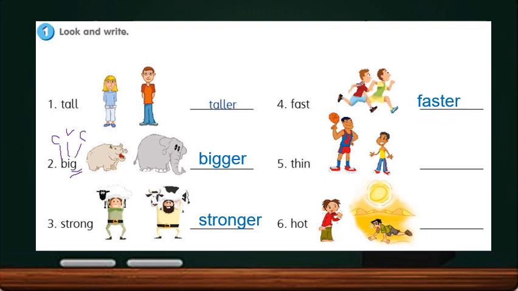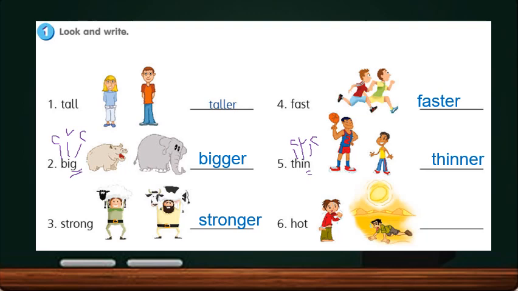Number 5, please take note that here again, thin is another word, one syllable and in CVC form. So we have to double the N and add er to form the comparative adjective. Thin becomes thinner, T-H-I-N-N-E-R, thinner.